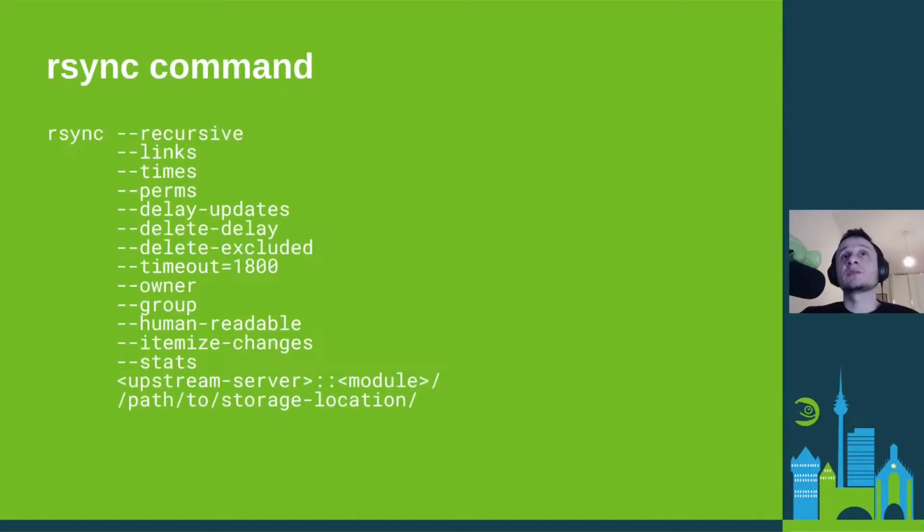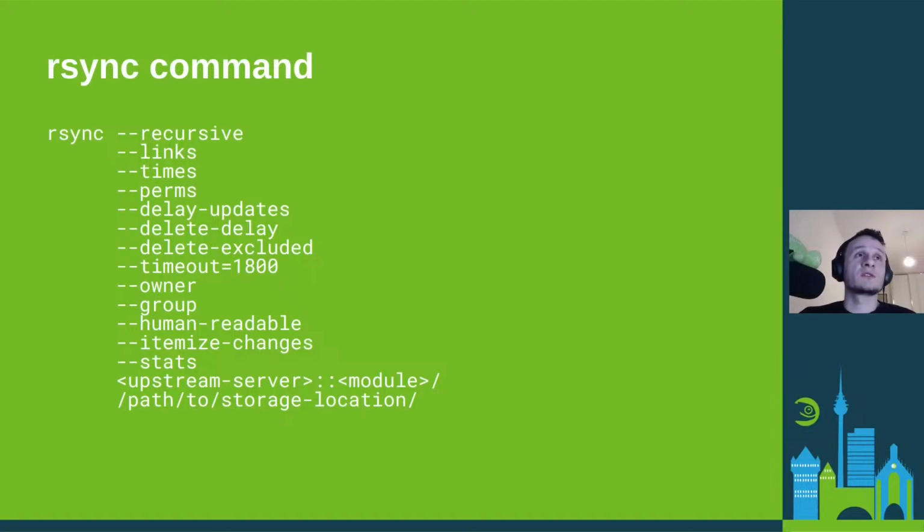Now that we know what to sync, where to sync, and how frequently we should sync, what does an rsync command look like? This is not a mandatory command, but this is a command that I use to sync the files into my mirror.